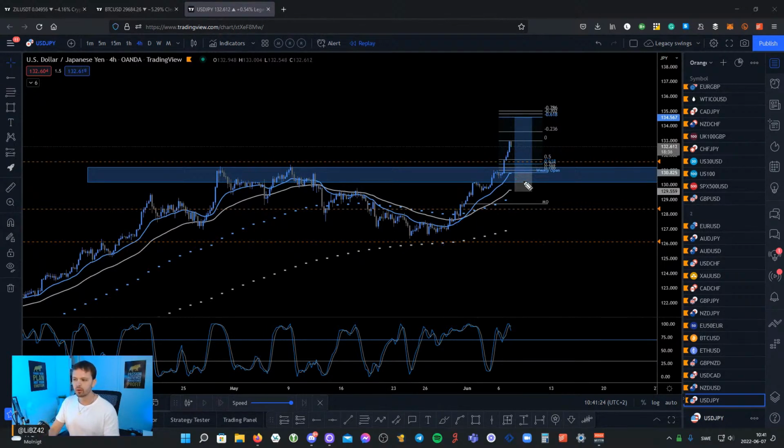Well, that might be your idea. My point here is I'm using the moving averages, the fibs, the stochastic RSI, but this setup will probably be available using other indicators as confluence as well.